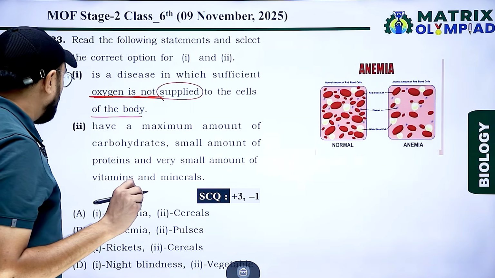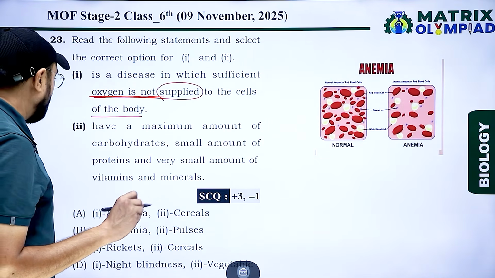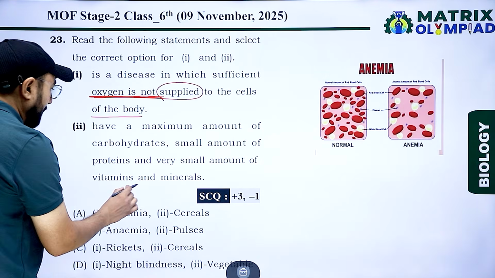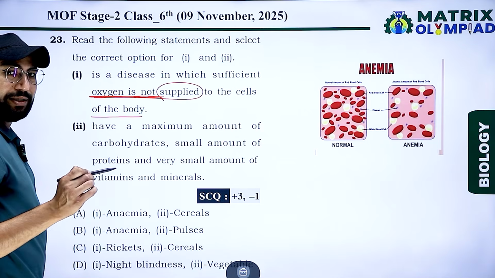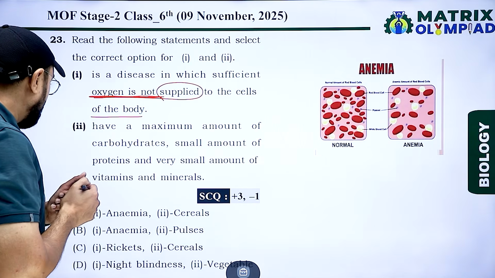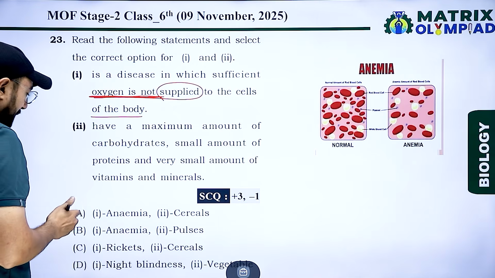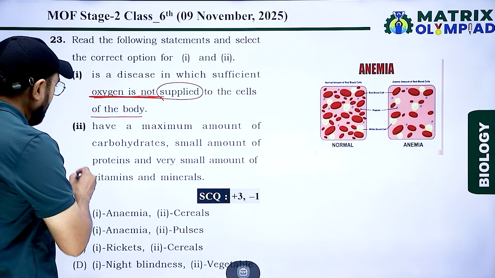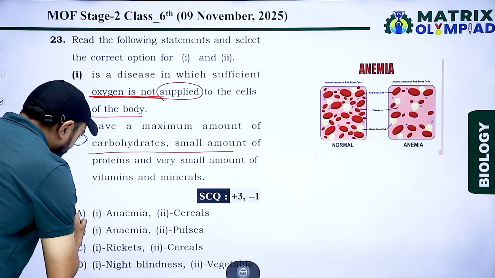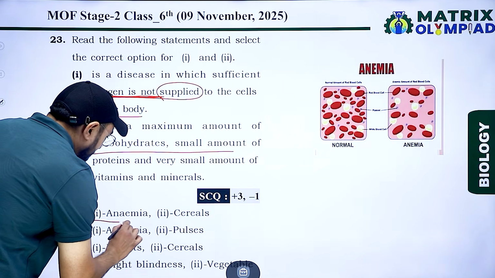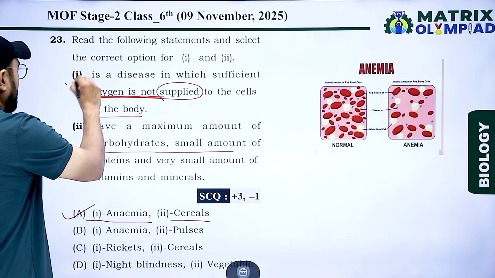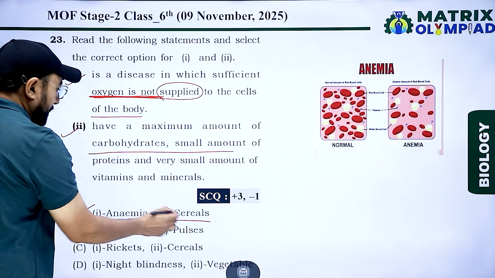Second has a maximum amount of carbohydrates, a small amount of protein and a very small amount of vitamins and minerals. So according to the statements, the first relates to anemia and the second relates to the nutrient, that is cereals. So option A is right, anemia and cereals.